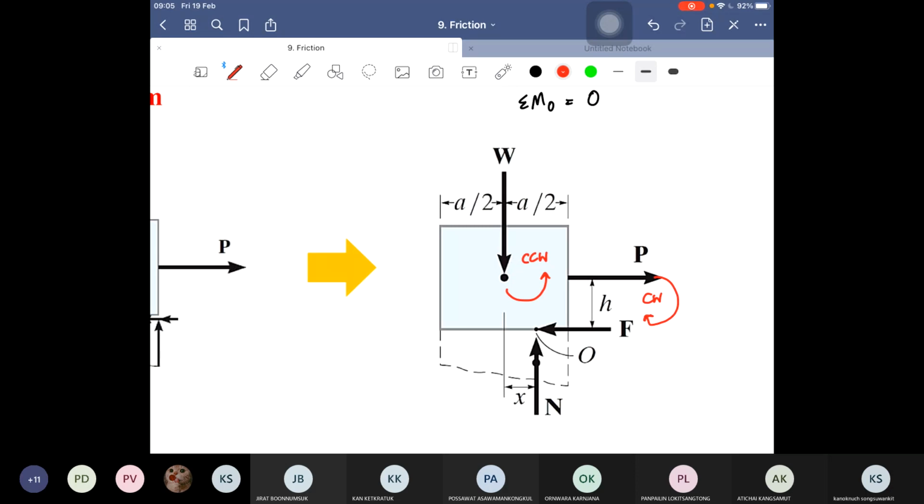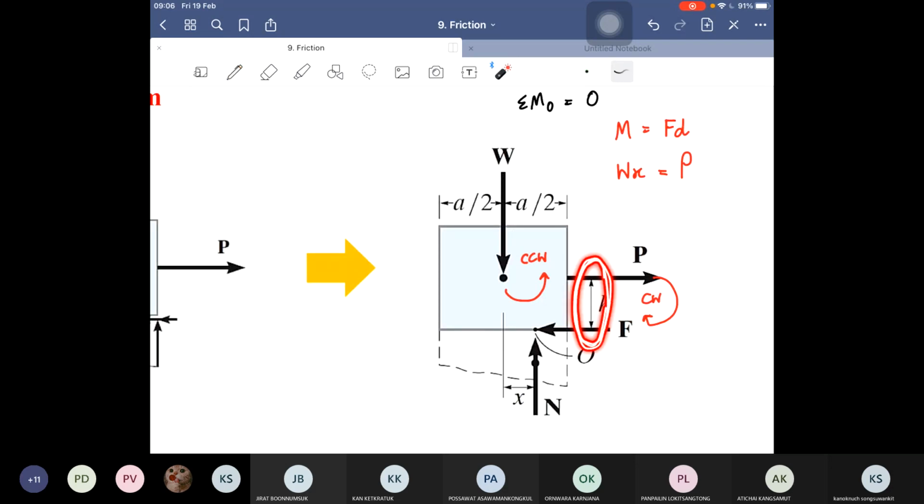For M equal to F times D, D is the perpendicular distance. So for W, M_W equals W and distance equals x. And for P, the force equals P, and the perpendicular distance you must measure from the floor equals h.